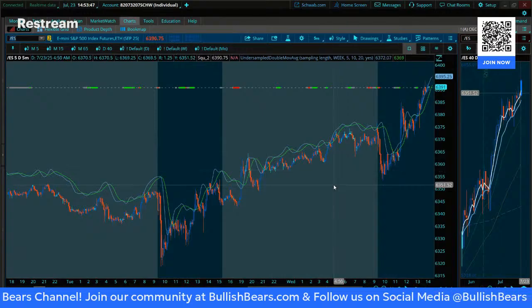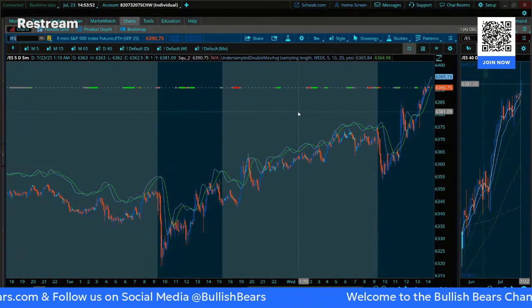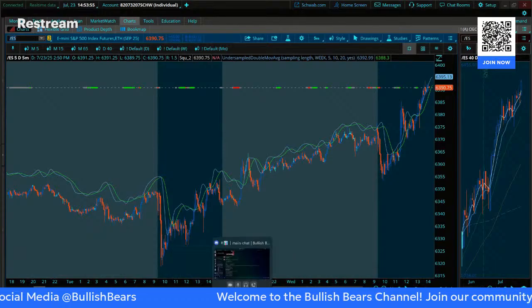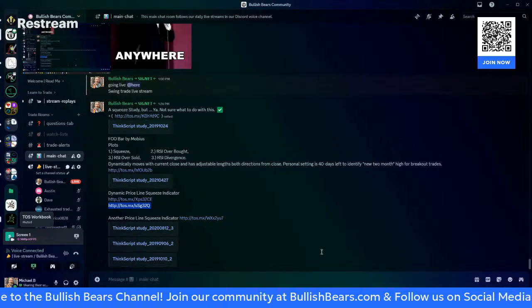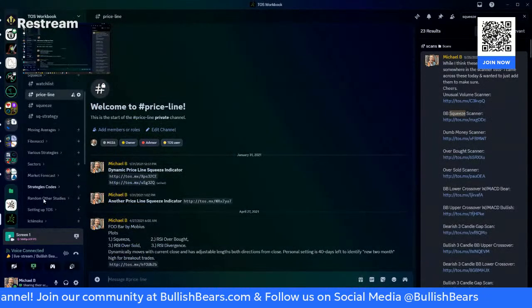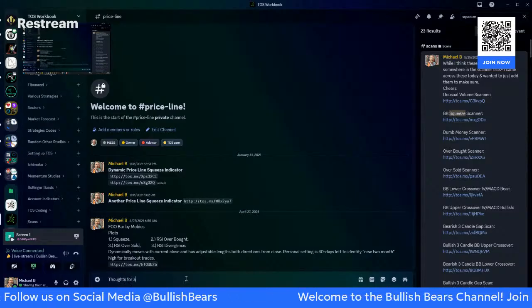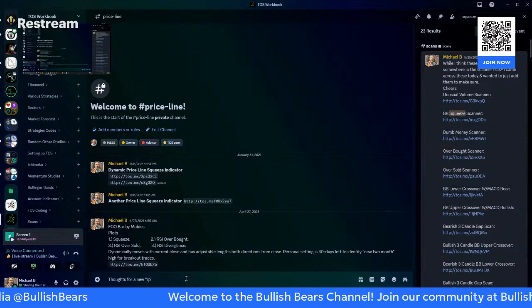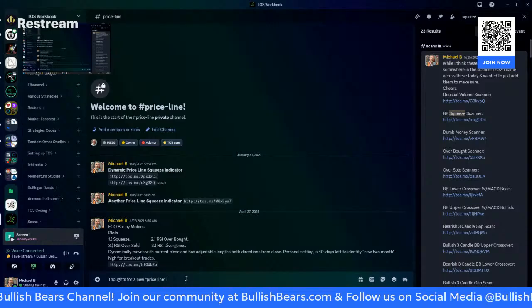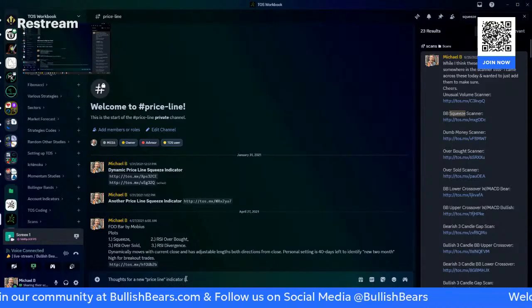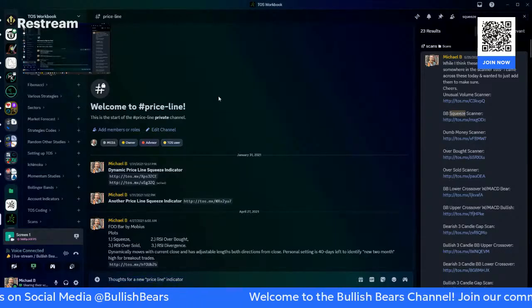Because a lot of us use VWAP whether or not we have anything else going on. So that kind of makes sense. It's a good little idea, by the way. I'm gonna go ahead and add that to my price line. Actually, I don't even need it in there. I need it in VWAP.